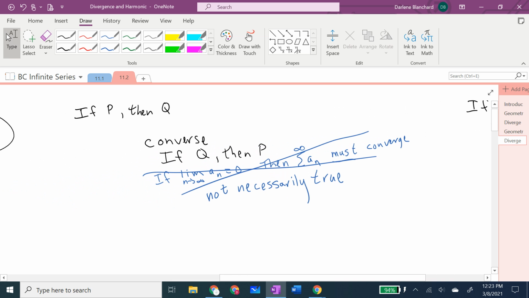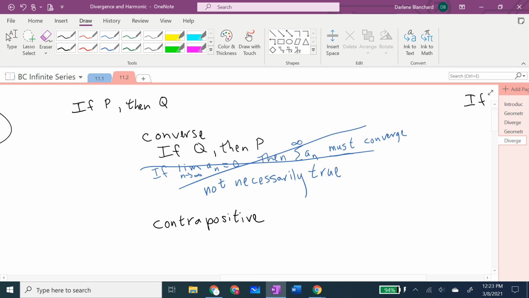But now I'm going to introduce you to another word that's really important, the contrapositive. The contrapositive puts in front of the statements P and Q the word "not" on the converse.